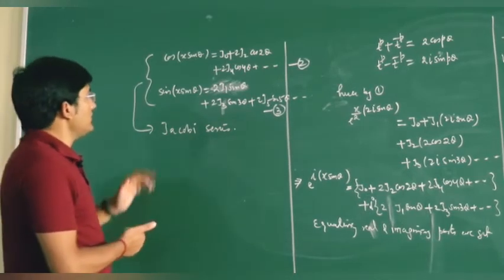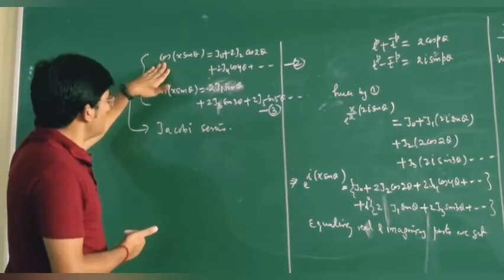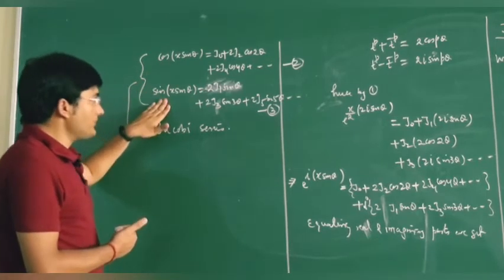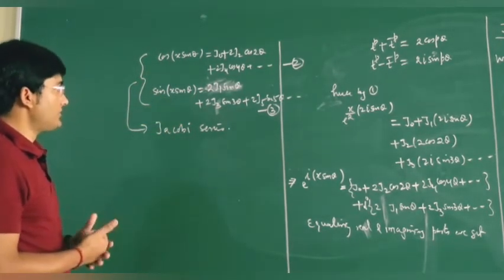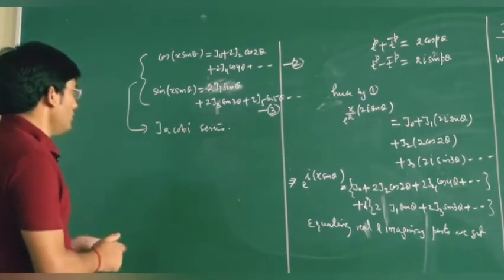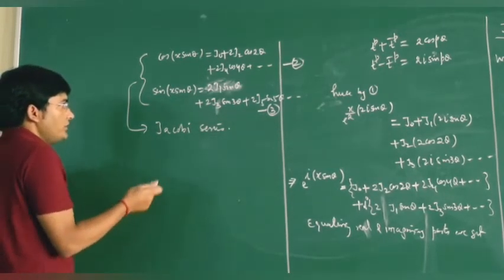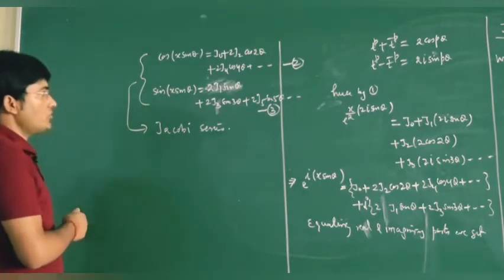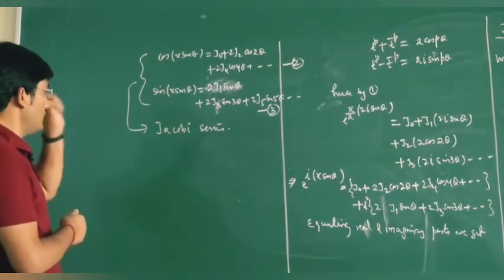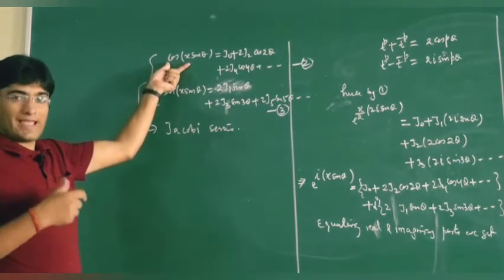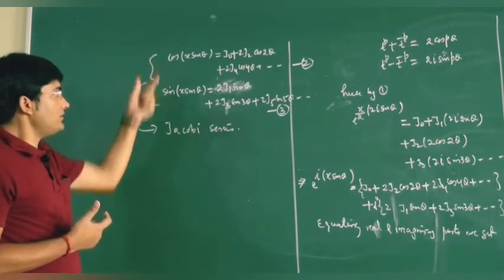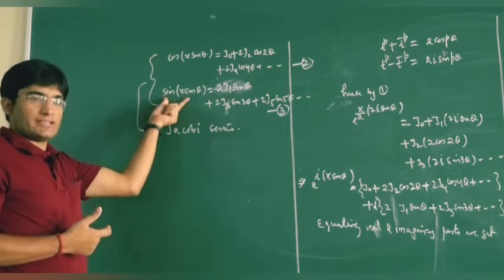For the Jacobi integral, let us integrate equation number 2 and equation number 3 from 0 to pi with respect to theta. And before that, let us multiply this equation by cos n theta, and this equation by sin n theta.